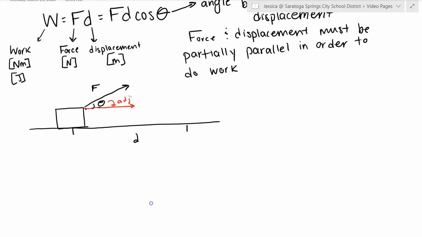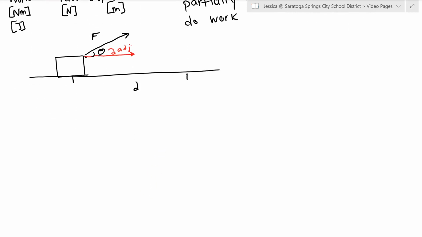So that's the main definition of work. The other definition of work that we have is this idea of the work energy theorem. So the work energy theorem states that any work that's done on a system is going to change the energy of a system. Okay?